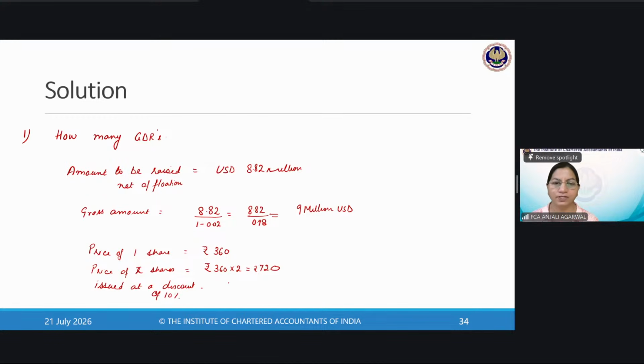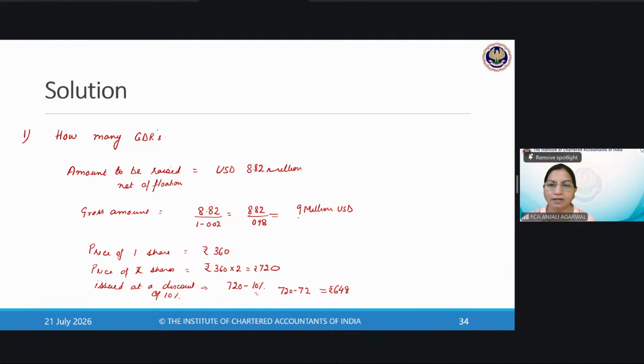So the price of one GDR would be 720 minus 10%, which is equal to 720 minus 72, which is equivalent to 648 rupees. Right? So one GDR would be for 648 rupees.